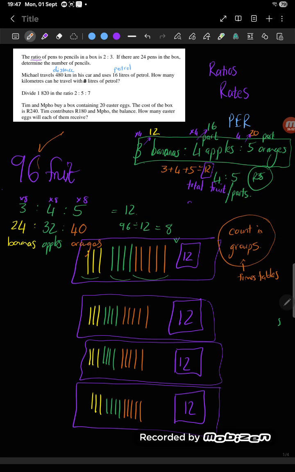And I can go on and on and on. If I would have bought 100 bags, I would times this 3 by 100, and this 4 by 100, and everything that I do to the one I do to the others.